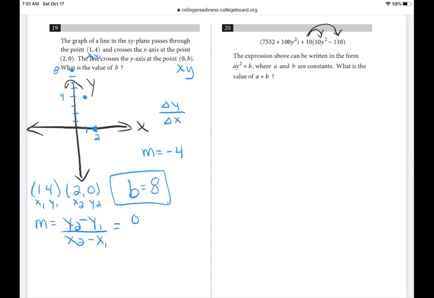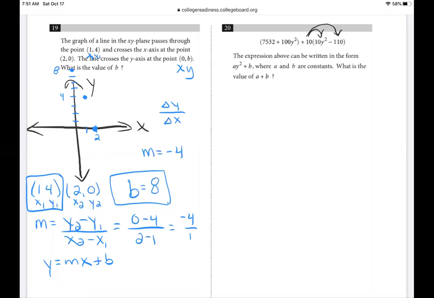And if we just plug in, we would have -4 over 1. So you could get your slope that way and then solve for your b. This is going to probably be more time consuming. You would just pick one of your points, whichever one you like better, and plug in the point for your x and your y into slope-intercept form to solve for b.